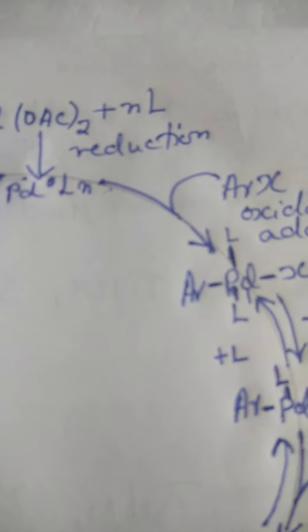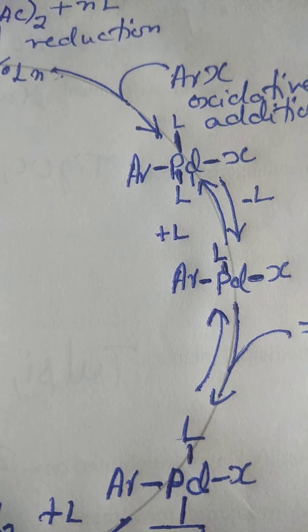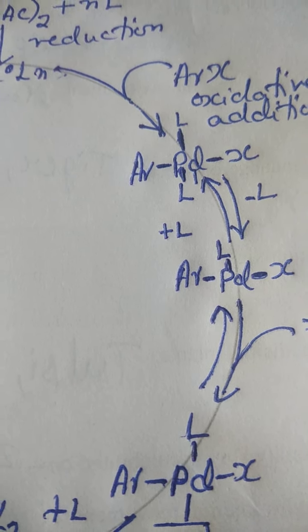Now this aryl halide adds to this palladium 0 valent in an oxidative addition way. As a consequence, what is formed? PdL2, of course, these are the ligands. And at the same time, as we can see, at one end there is Ar, at the other there are these two, the X or the halide.